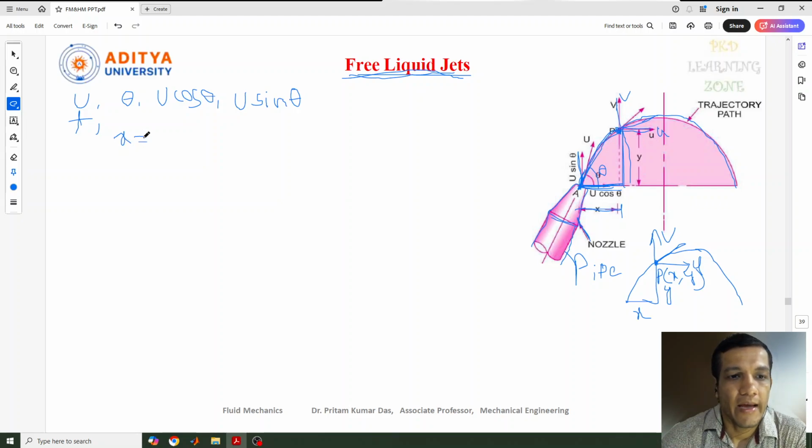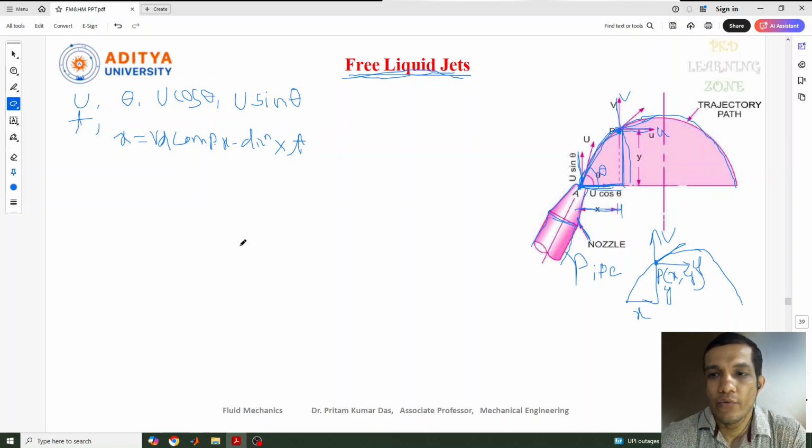So x is equal to the velocity component in the x direction into t.